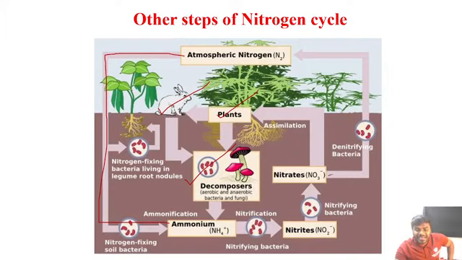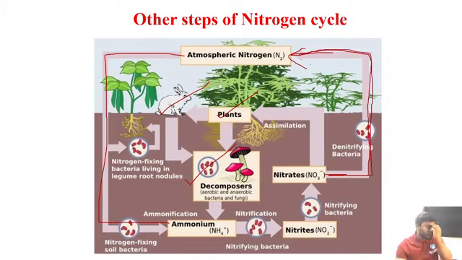Conversion or transfer of NO3 back to the atmospheric nitrogen will complete the nitrogen cycle. Once again understand, friends, conversion of NO3 back to the atmospheric nitrogen will complete this nitrogen cycle. What do you call this, my friends?